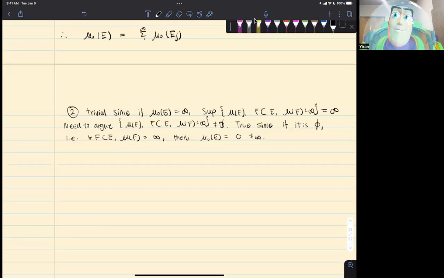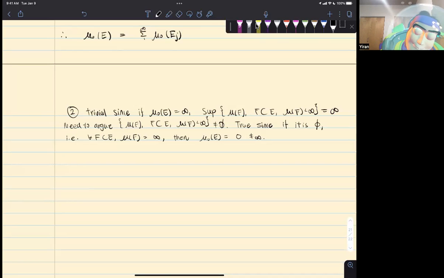So this is just one definition. So there exists F that is a subset of E such that the measure of F is finite. So remember the definition for semi-finite measure.